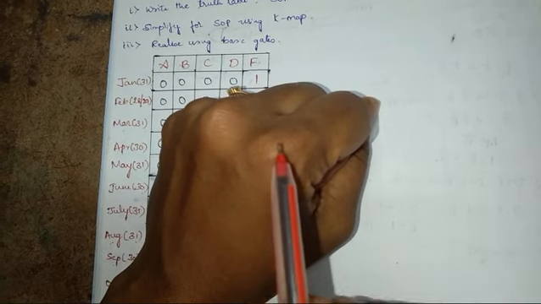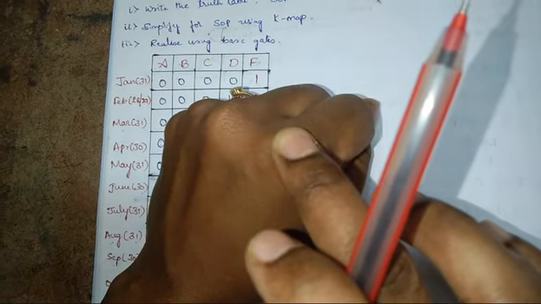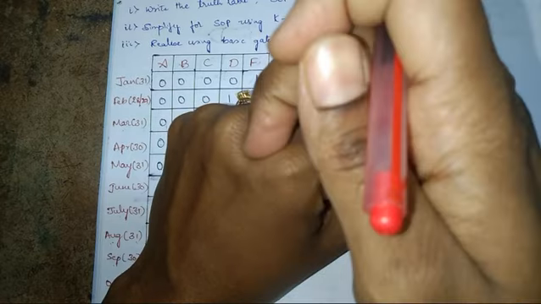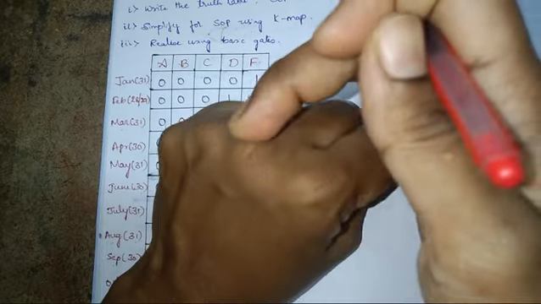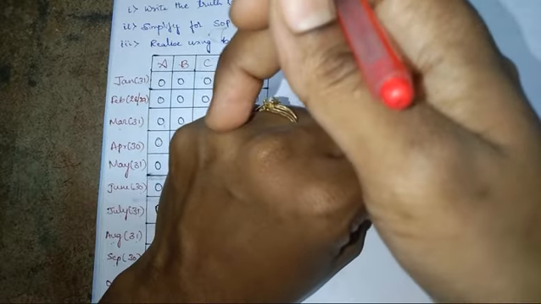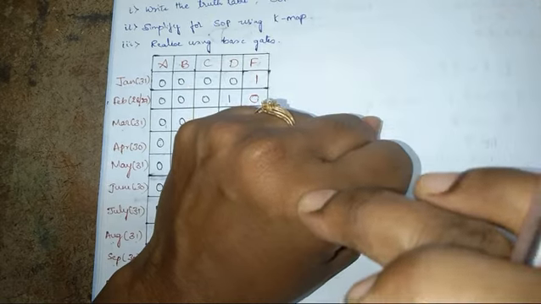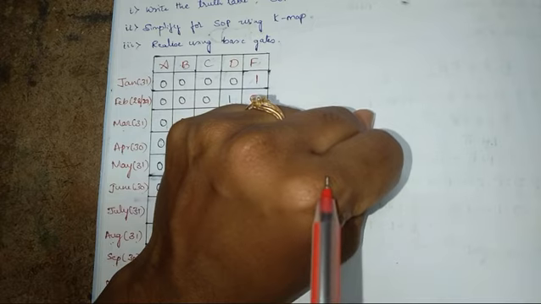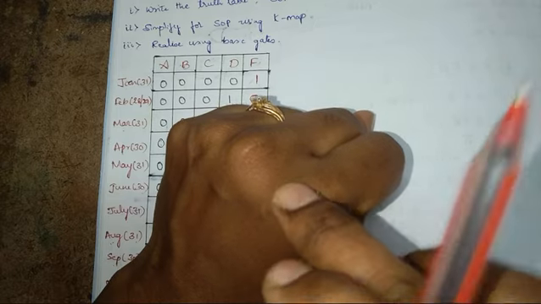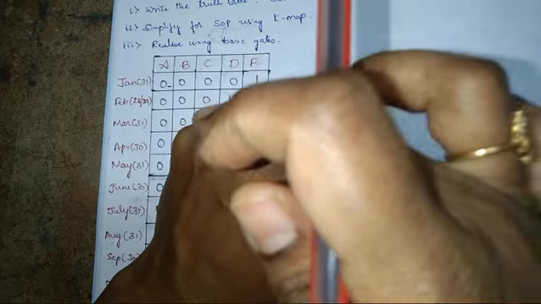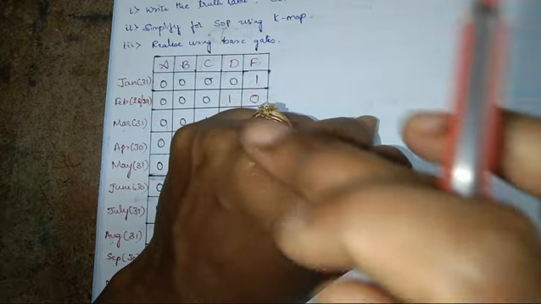This is January, then February, March, April, May, June, next this is July, and this is August. Wherever you find a bone, that month will have 31 days.